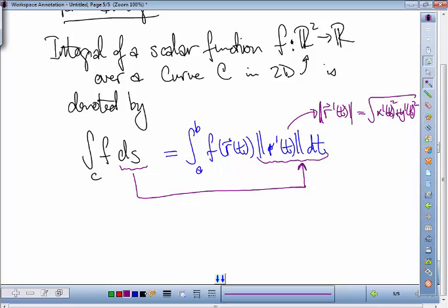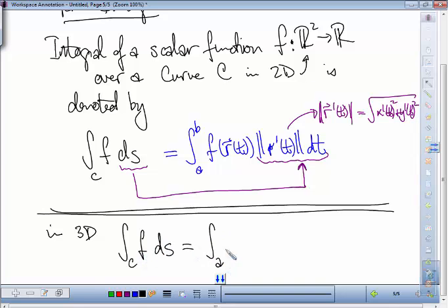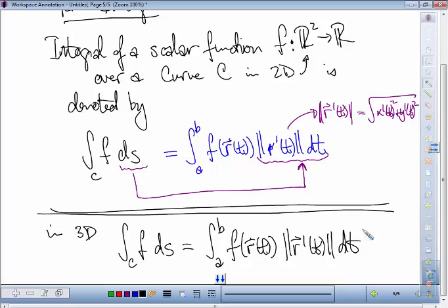So imagine what would happen if you bring this up to 3 dimensions. In terms of the notation, nothing. There's no change. It looks exactly the same, except when we're dealing with f. F is going to have x, y, and z, but then your curve is in R3, so that'll also have an x, y, and z.